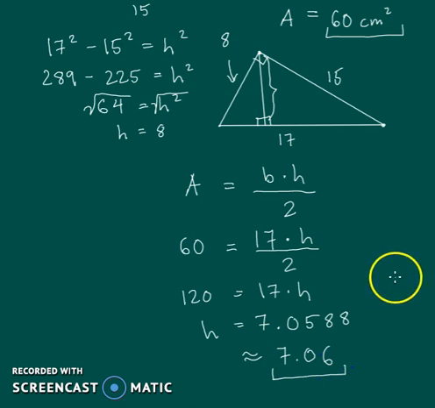And that is the length from the point of the right angle to the hypotenuse.